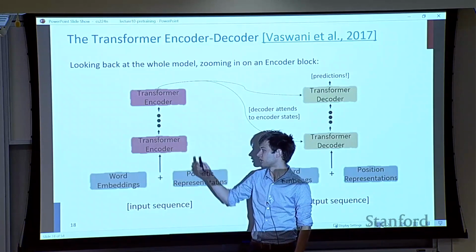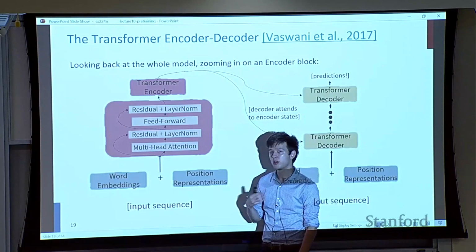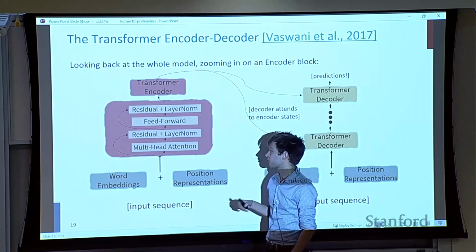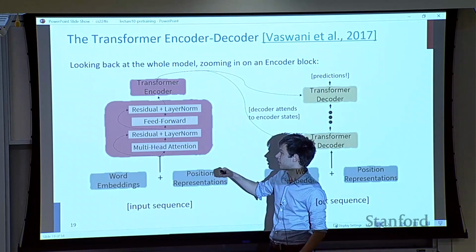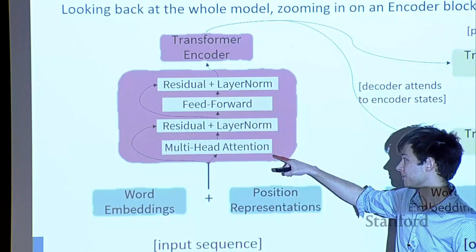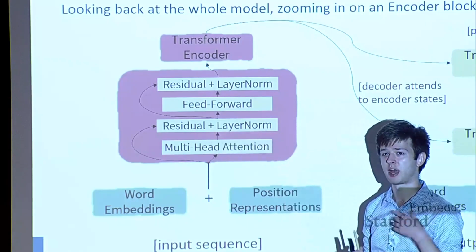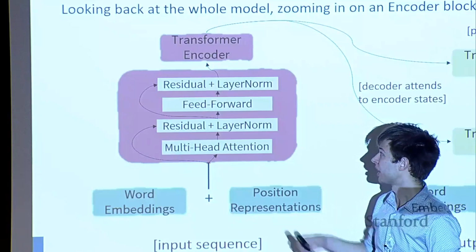And then the transformer encoder, right, was this combination of sub-modules that we walked through line by line on Tuesday. Multi-headed attention was the core building block. And then we had residual and layer norm, to help with passing gradients and to help make training go better and faster.